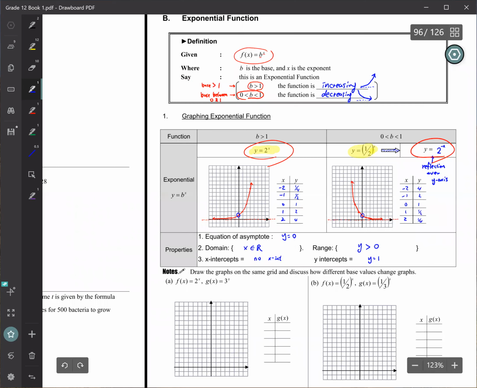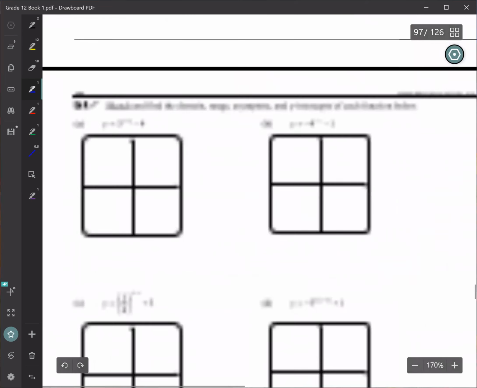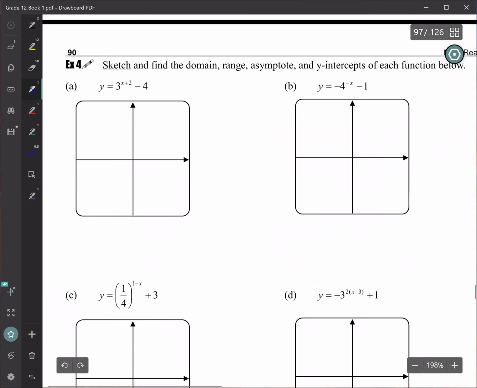So these are the basic forms. On the next page, we are going to apply transformation, okay? So when you see a question, the first thing you need to check is whether it's increasing or decreasing, okay? And then start from there. So let's take a look at a simple question first. So question 4, here we want to sketch, right?